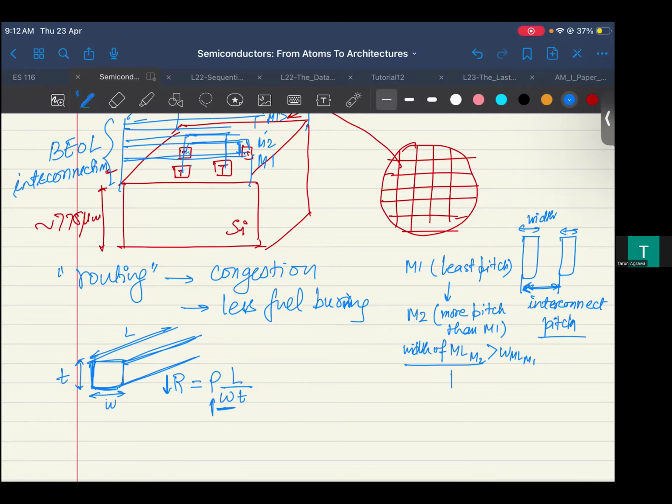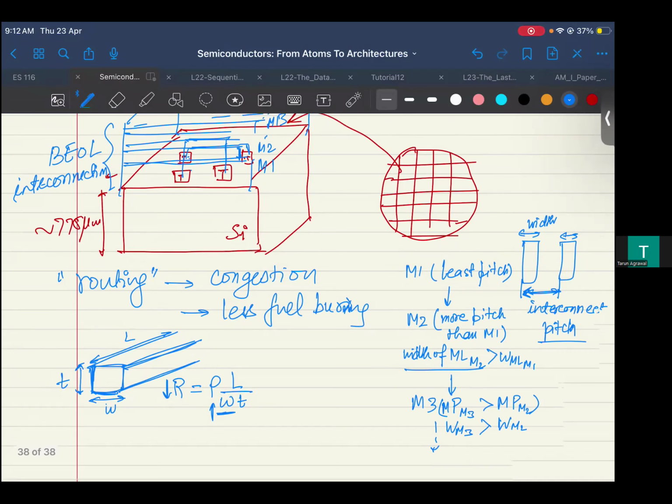This is the same trend you see: the metal pitch of M3 becomes more than the metal pitch of M2, and obviously the width of M3 also becomes more than the width of M2, and that is followed throughout.